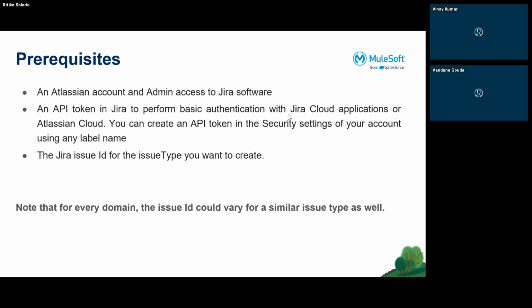Now, if you're working on a single project and later you want to jump onto a different project, you'll have to fetch that ID again, because for every project, it will be a different ID. You need to make sure that you're not trying to create a Jira issue in a different project than from where you have picked the issue type ID as well. That is a major, let's say, error that I've seen occurring. So we'll make sure that never happens.